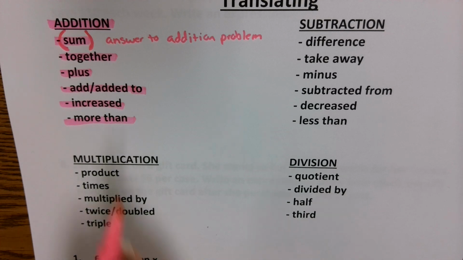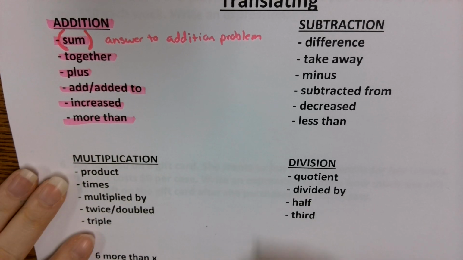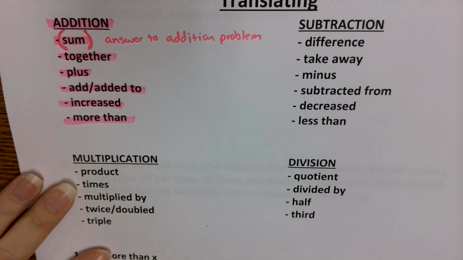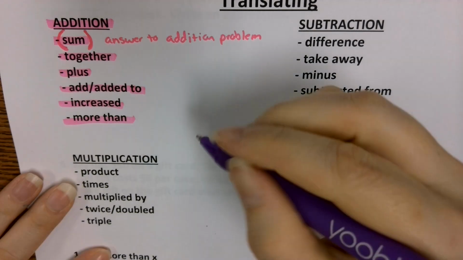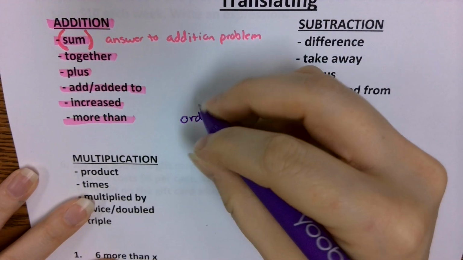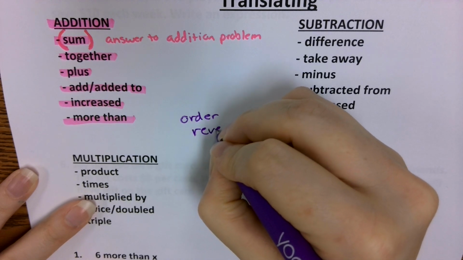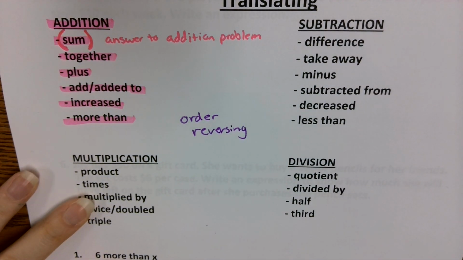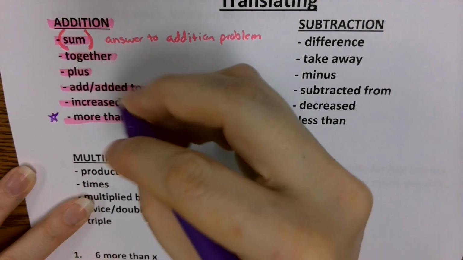Another really important one is the words more than. More than is what we like to call order reversing. So we're going to put this in purple. It is an order reversing word, the term more than.